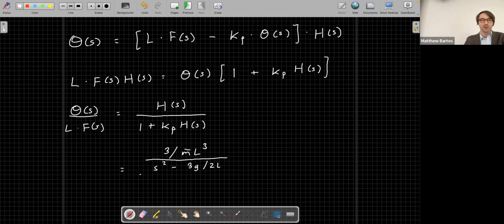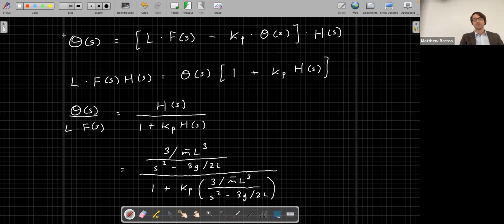So this is simply our open loop transfer function in the numerator, divided by 1 plus kp times that same transfer function, 3 divided by m bar L cubed divided by s squared minus 3g divided by 2l.